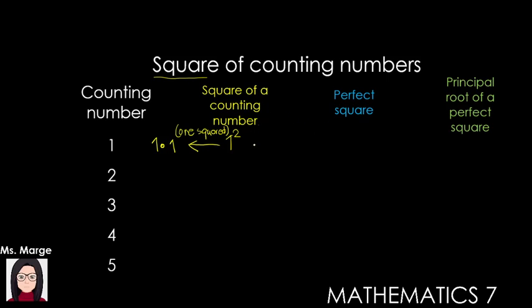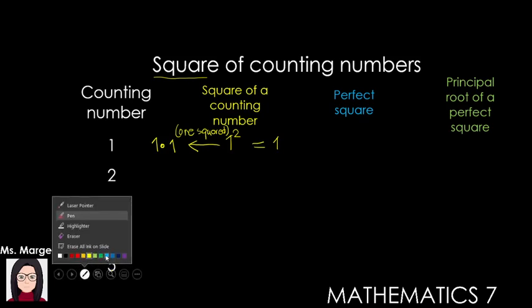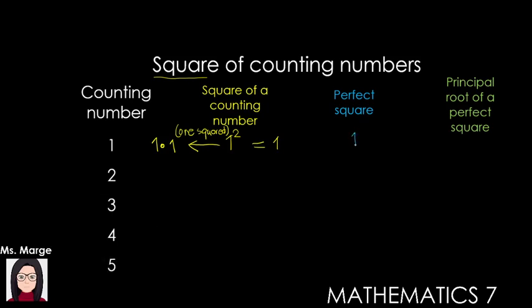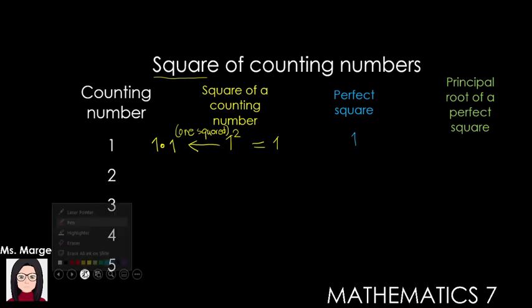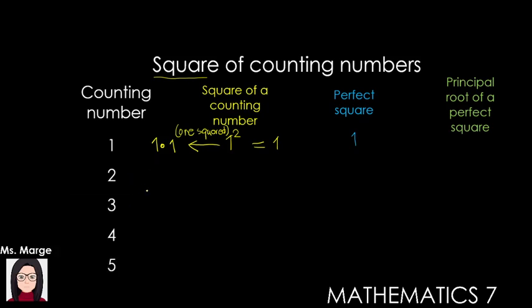So, square of a counting number, 1 squared. Ang sagot niyan ay 1. Meaning, 1 is a perfect square. Remember, 1 is a perfect square. Now, let's go back. 2. Ang 2 ay i-square natin, raised to 2.